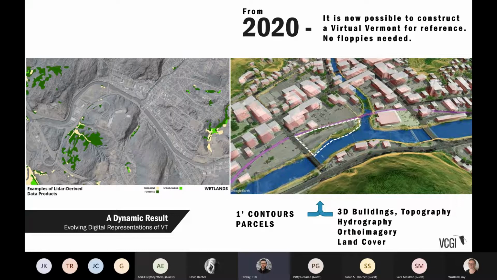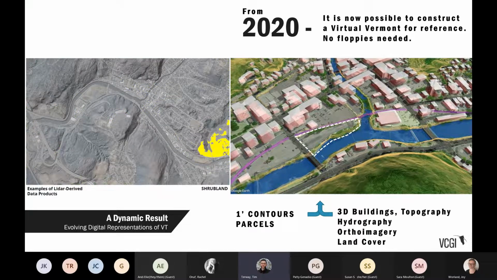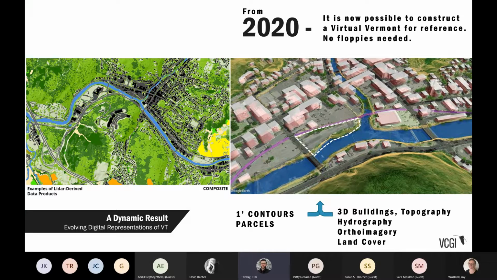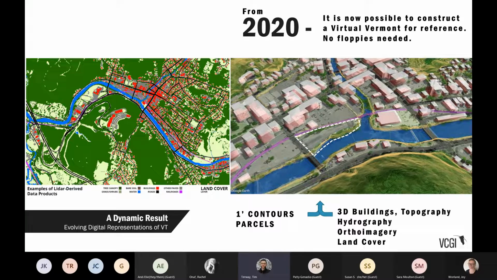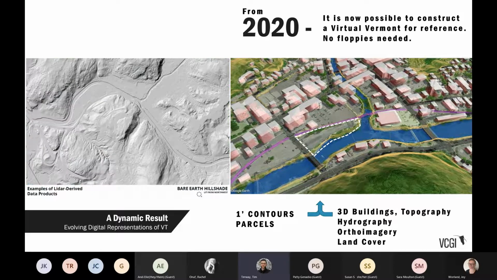And we're quite pleased to report, essentially from 2020 onward, it's possible to construct what we might consider a virtual Vermont for reference, right? No floppy disk needed. You can combine multiple things that we have available, whether they're topography or hydrography, ortho imagery, and really get a fairly current and detailed picture of a virtual representation of the state of Vermont.